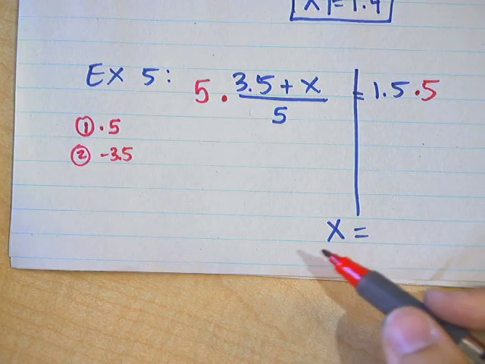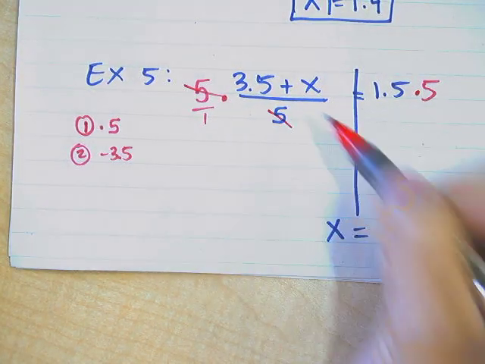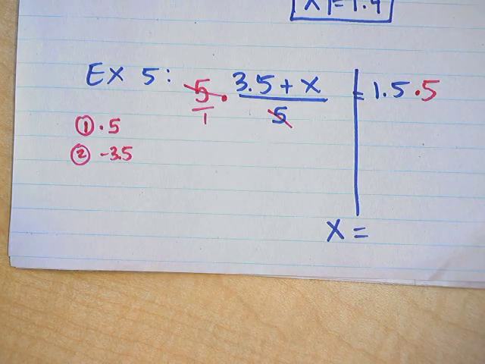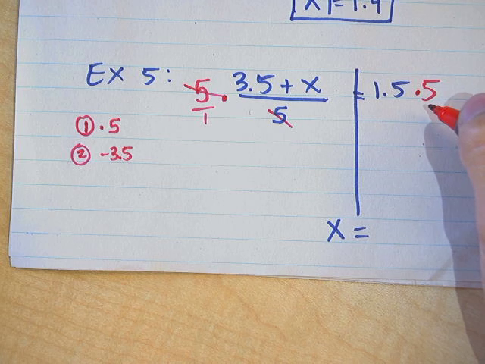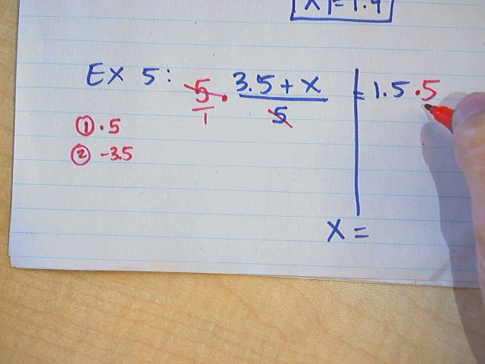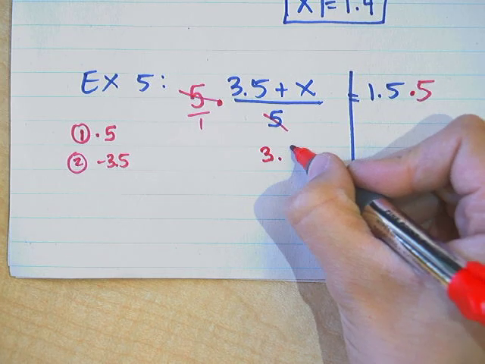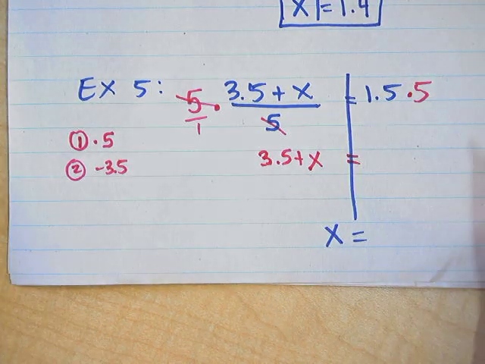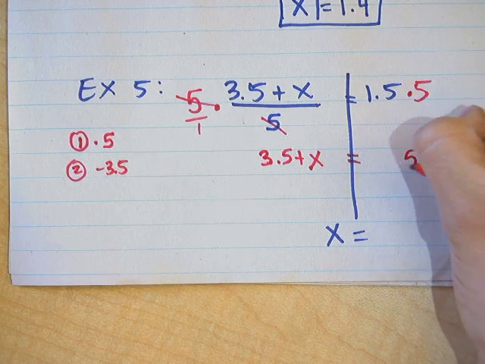Okay, so once you do that, you can cross cancel the 5s, or think of this as 5 divided by 5 is 1, and it all cancels out. And then on the right side, you have 15 times 5. So 5 times 5 is 25.